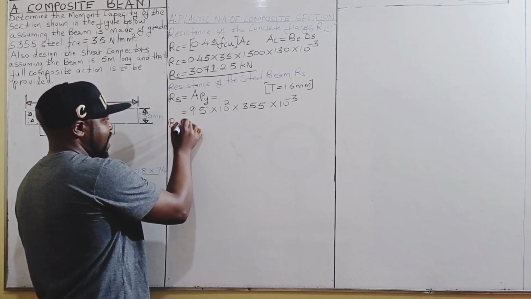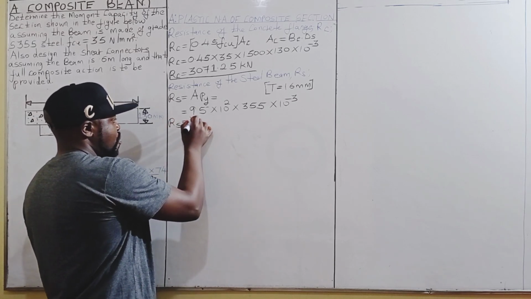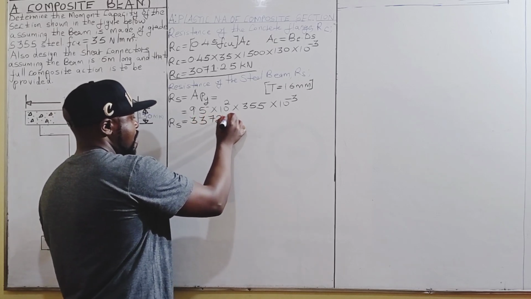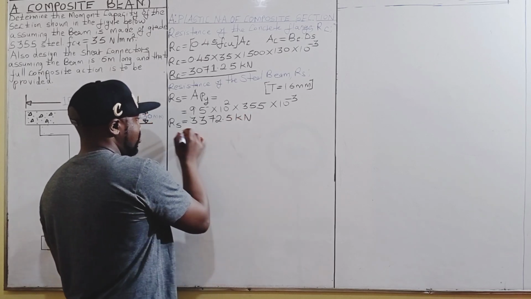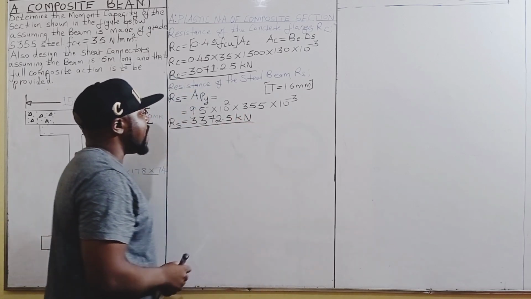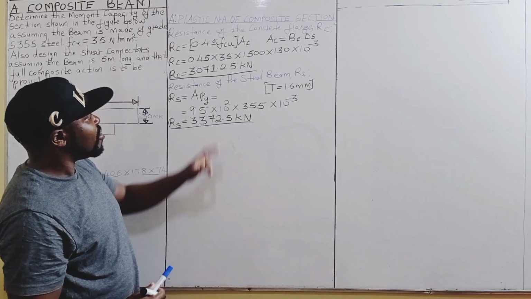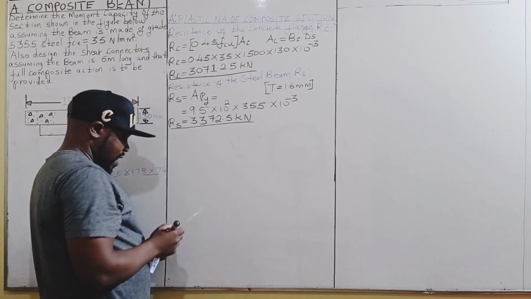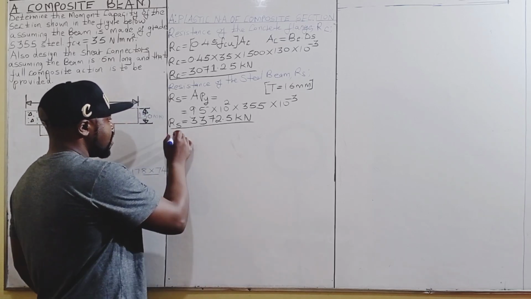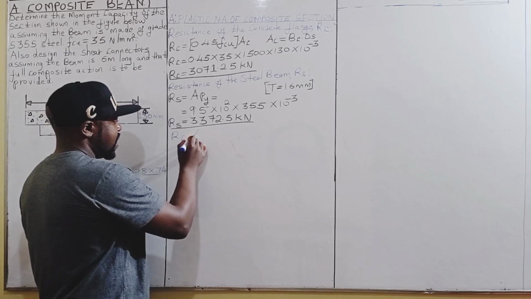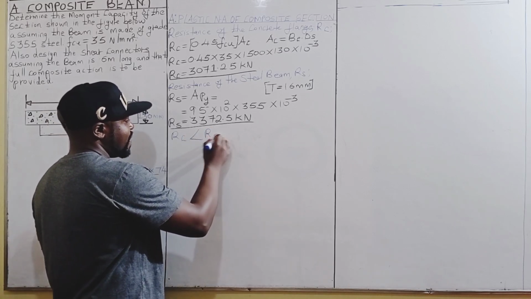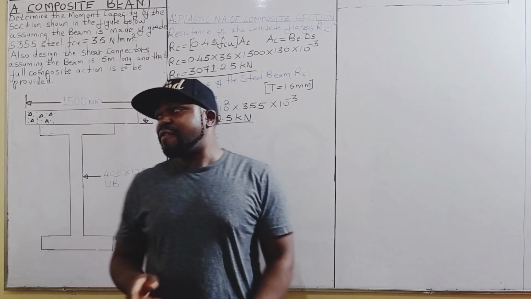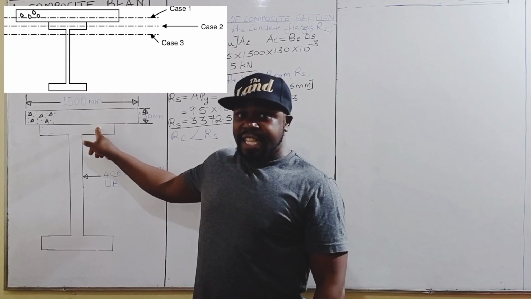And therefore, the resistance of the steel section will be equal to 3372.5 kilonewtons. When we now compare the resistance of the concrete flange and the resistance of the steel beam, we find that the resistance of the concrete flange is less than the resistance of the steel section. And therefore, this means that the neutral axis will fall in the steel flange.